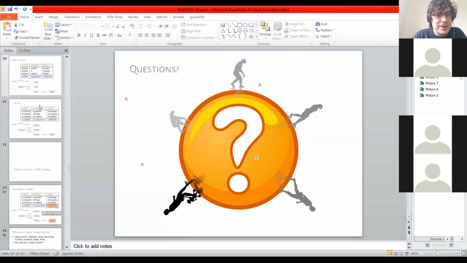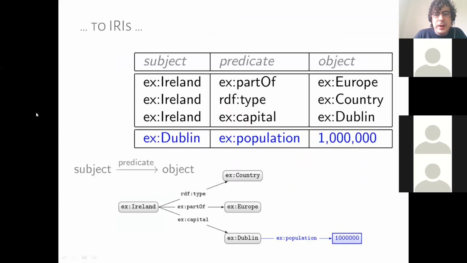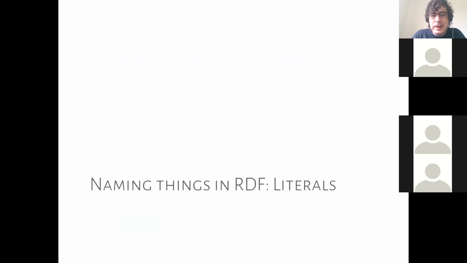Okay, so why not assign IRIs to numbers was the question. And intuitively, it's because we want our data to be machine readable. But effectively, a number already is machine readable in that a machine can say if one number is less than another, it can add two numbers and so forth. So really, there's no need to assign identifiers.